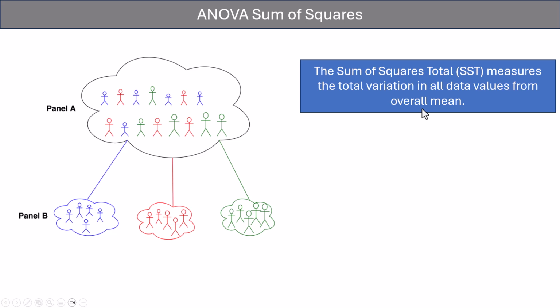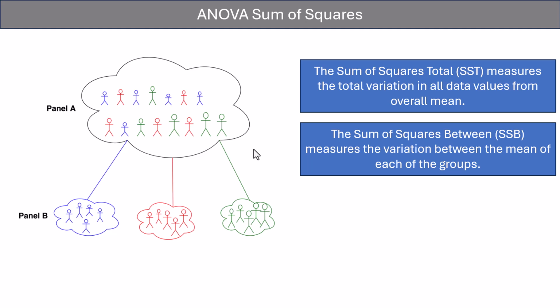If you calculated the mean height of everyone and then measured the variation amongst the people relative to that mean, that's what the sum of squares total is. There's a formula for this, but we're not going to go into the formulas. We're just talking about the ideas here. It's basically a measurement of the variation from all those values to the grand mean, or the overall mean.